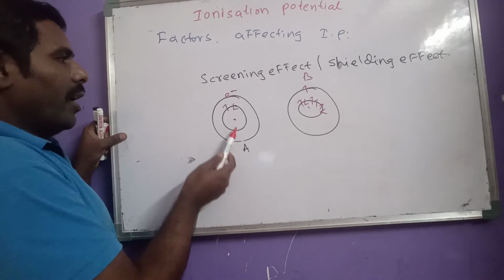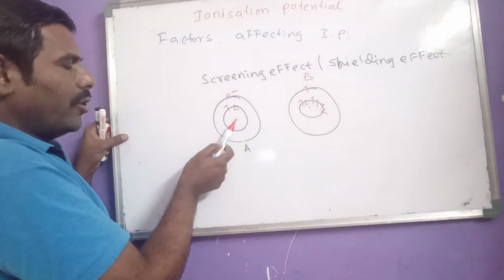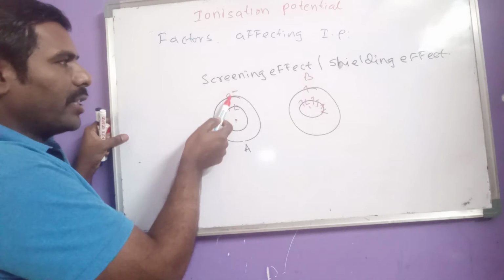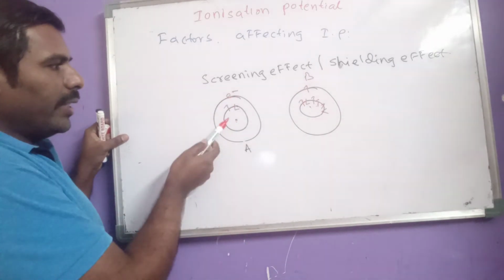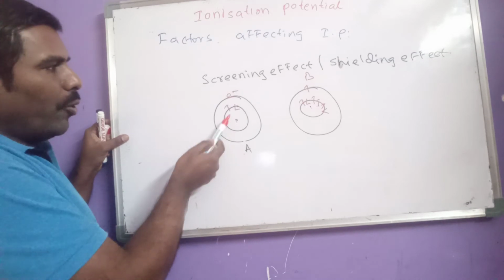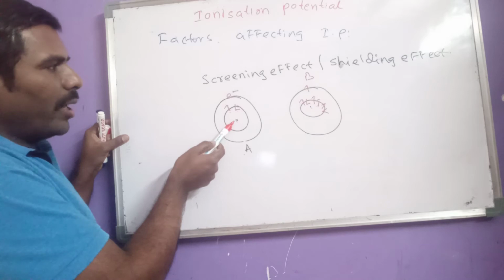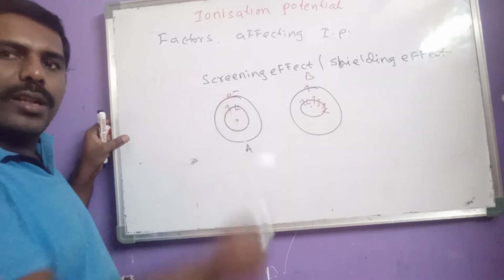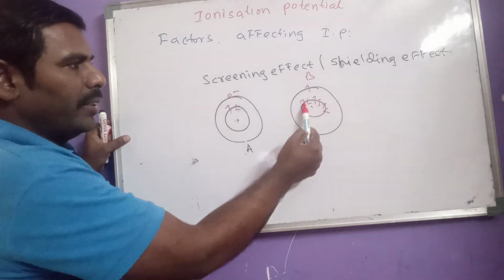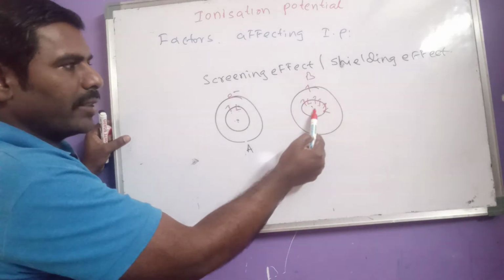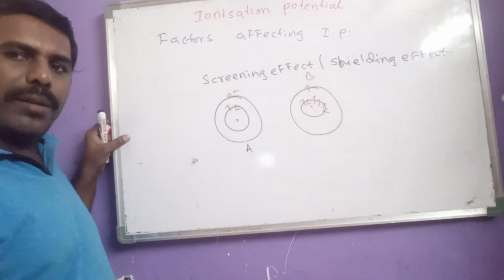These inner orbital electrons try to screen the nuclear attraction reaching the outermost orbit. In A, only two electrons are screening it, but in atom B, 6 electrons are screening the nuclear attraction reaching the outer orbit.